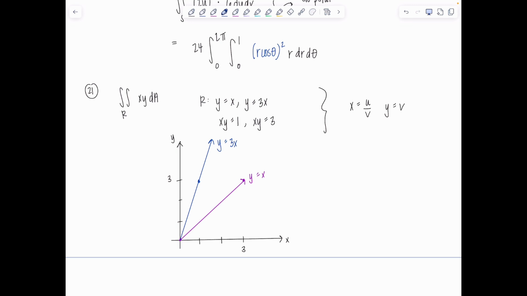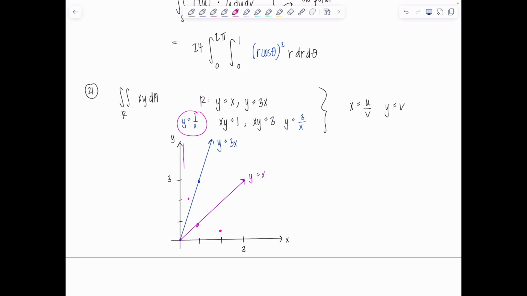Okay. x times y equals 1. You're probably used to seeing it as y equals 1 over x. And then xy equals 3, y equals 3 over x. Doesn't matter. The nice numbers to plug in for x are 1 and 3, right? Okay. So let's do y equals 1 over x. If x is 1, y is 1. And then if x is 2, y is a half. If x is a half, y is 2.